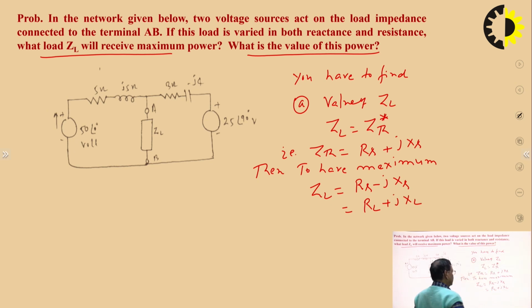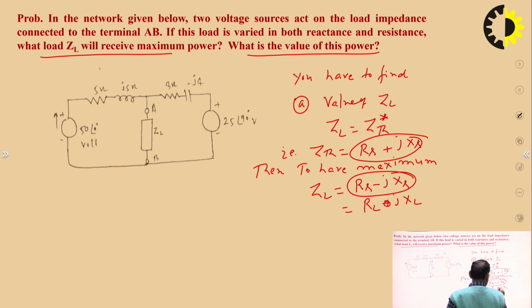Okay. So, if this is the ZTH, ZL will be like this, here it will be minus JXL. Okay. So, RL is equal to RS and XS is equal to XL.